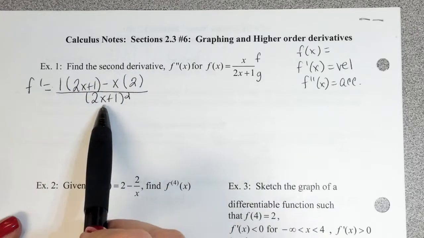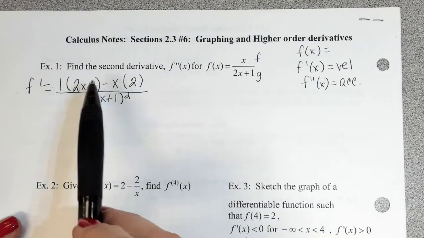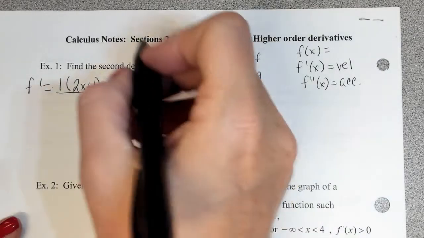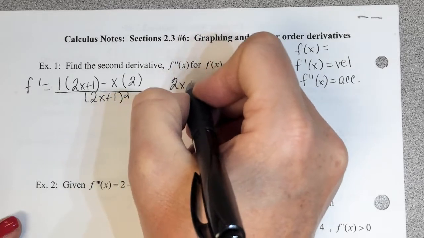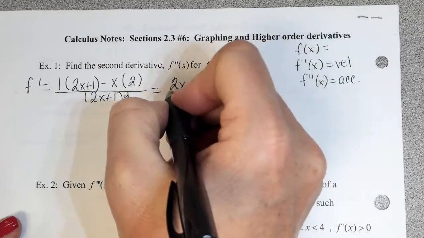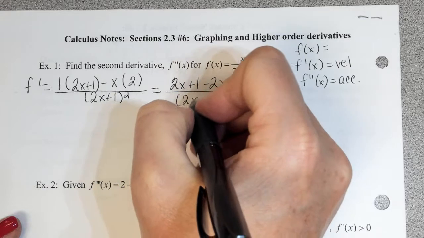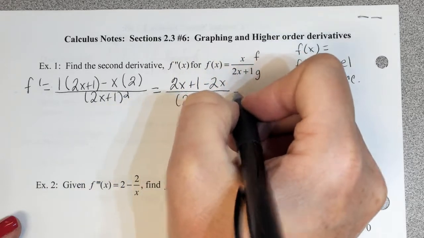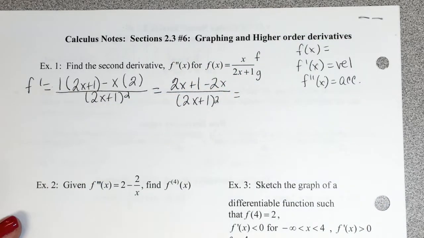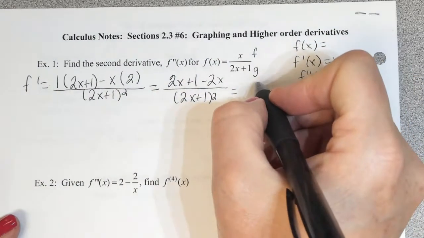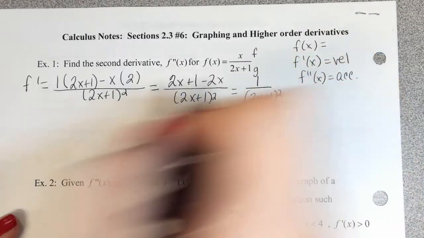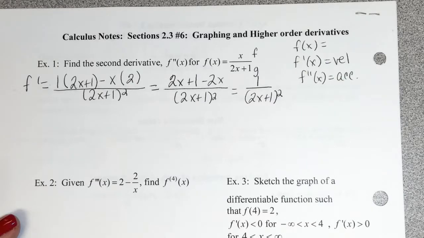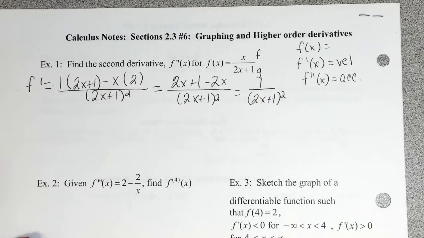If I want to find the derivative again, I better simplify first because this is going to be very difficult to find the derivative of how it's written. So simplifying this, it's 2x plus 1 minus 2x over 2x plus 1 quantity squared. 2x minus 2x cancels and just leaves us with 1 over 2x plus 1 squared. That's the answer to our first derivative.